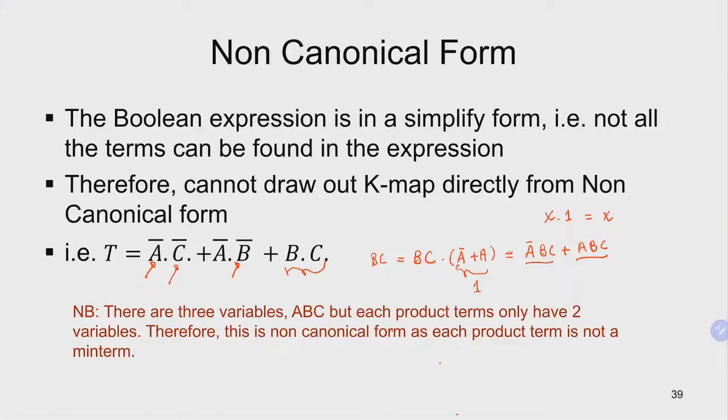That is how you can expand a minimized function into a canonical form. In this particular expression, you have to do the same for each of these terms, and when you expand and have a duplicate term, you can remove it or keep only one of them.